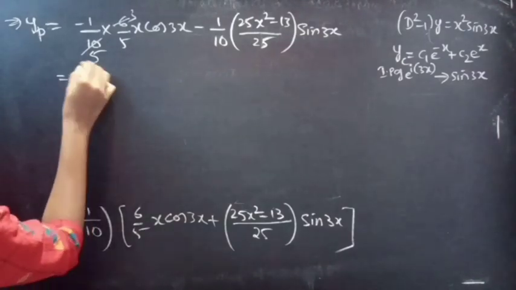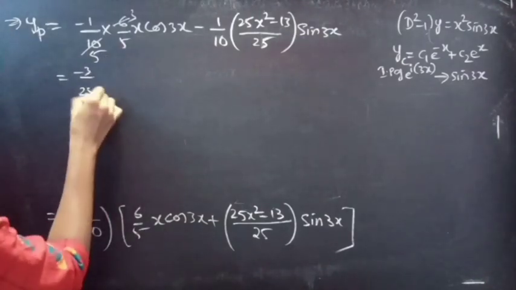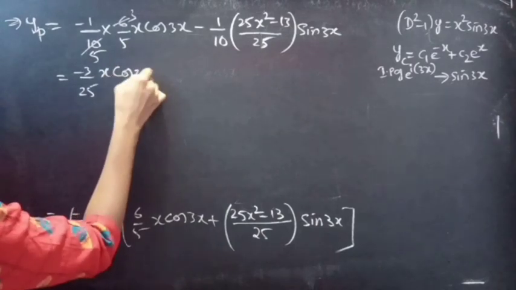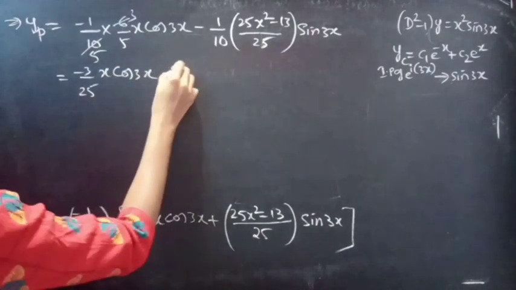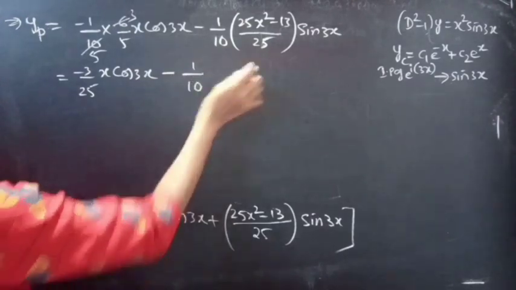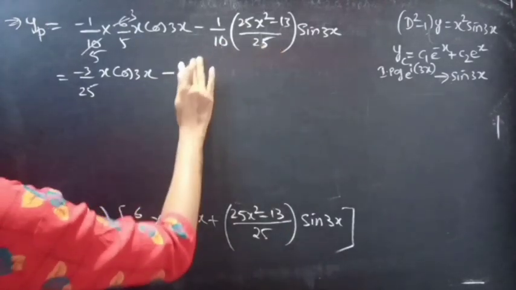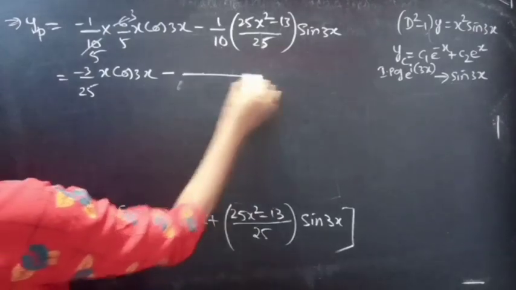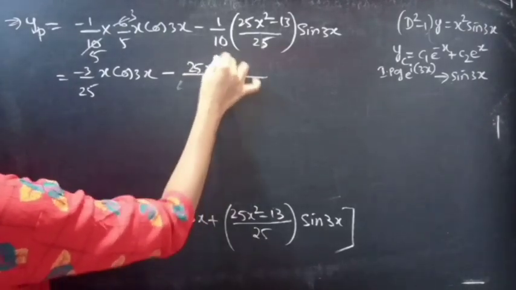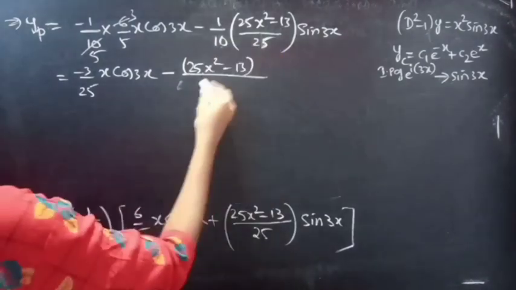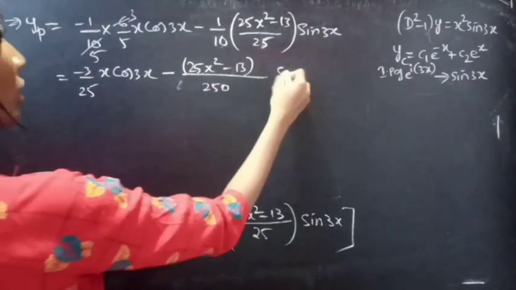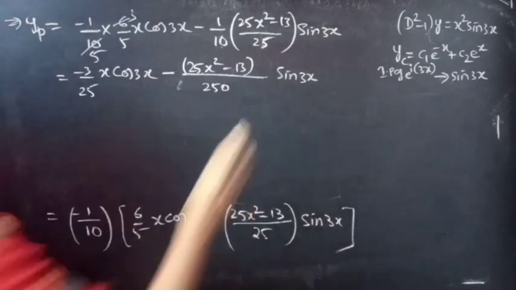So we get minus 3 by 5 5s are 25 into x cos 3x, minus 1 by 10 into 25x square minus 13 by 25, which is 10 into 25 is 250, sin 3x.